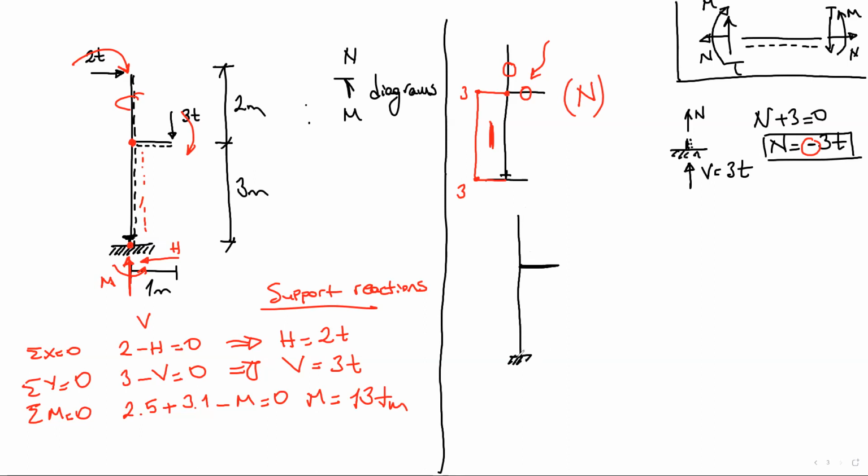I generally start from bottom to up. We are at the bottom, so I need the support reaction, so shear force at the start point. By the way, to do that, we need to cut the system from the bottom support point as the previous one.